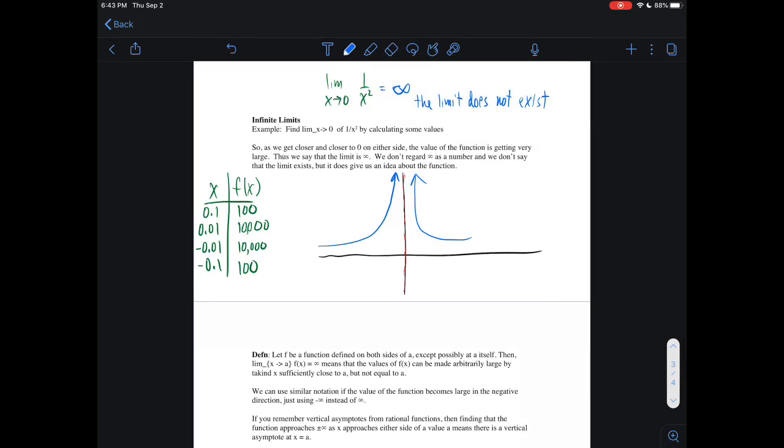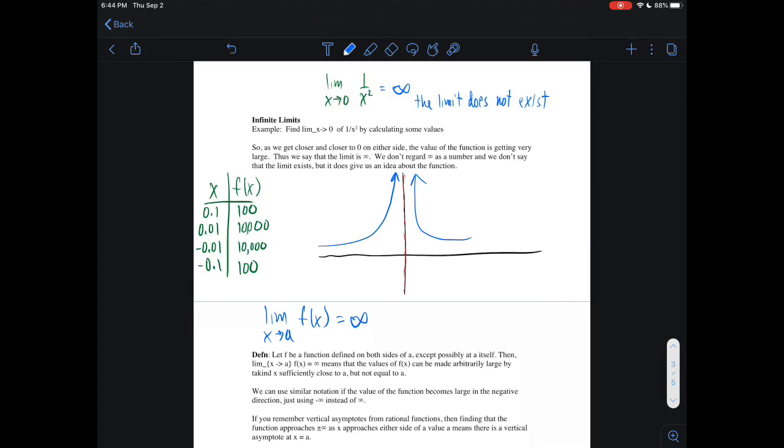So then we formally define that on the next page. Let f be a function defined on both sides of a, except possibly at a itself. Then the limit as x approaches a of f of x equals infinity means that the values of f of x can be made arbitrarily large by taking x sufficiently close to a, but not equal to a.